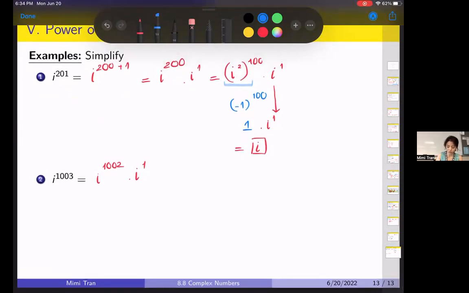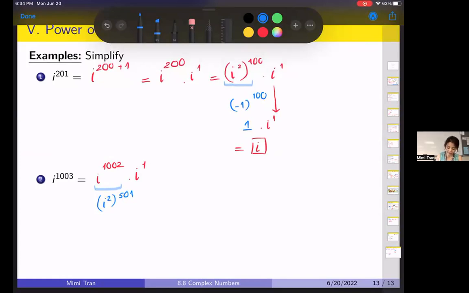Well, what is I to the 1002? I can rewrite it as I squared and then something outside, where multiplying by 2 gives me back 1002. So if you take 1002 divided by 2, you get 501. Now you can check with your calculator: 501 times 2 gives you back 1002.